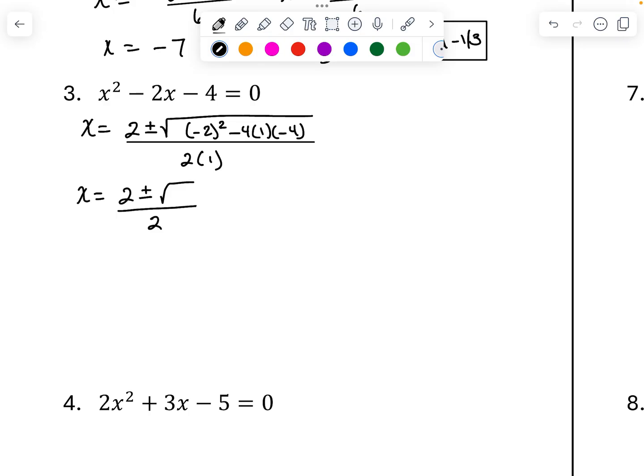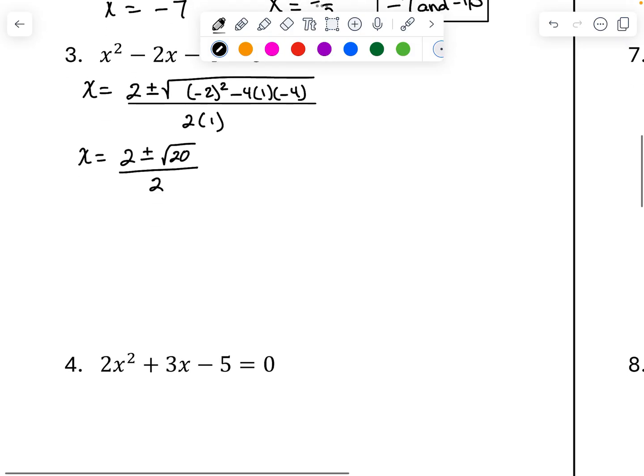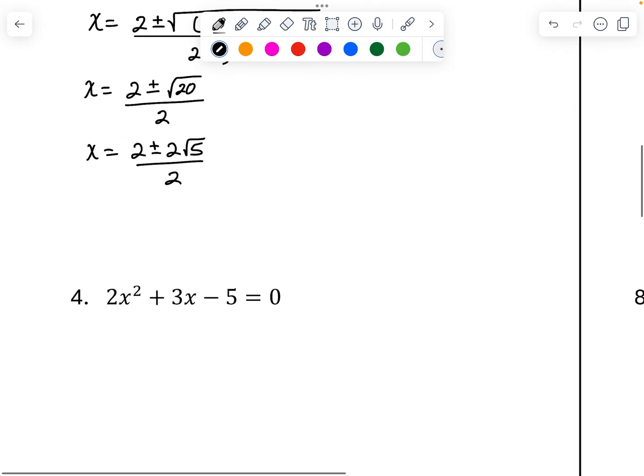That would be 4 plus 16, which is 20. And that would be x equals 2 plus and minus 2 root 5 divided by 2. So then you would have x equals 2 halves plus and minus 2 radical 5 over 2.